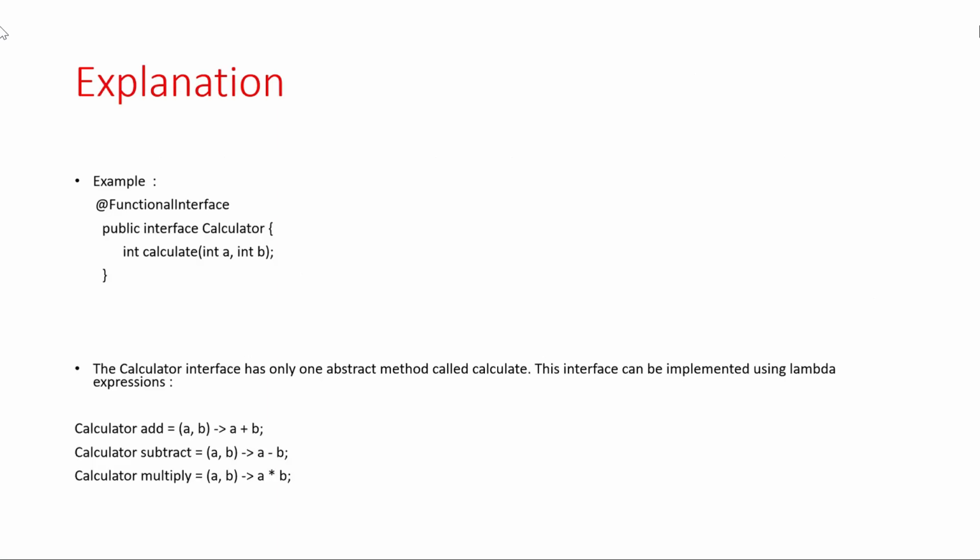So now coming to the explanation. Here we have written a functional interface Calculator and we have given an annotation of FunctionalInterface since it is a very good practice. Inside this Calculator interface, we have given a calculate abstract method and it is taking two arguments A and B. This functional interface can be implemented using lambda expressions.